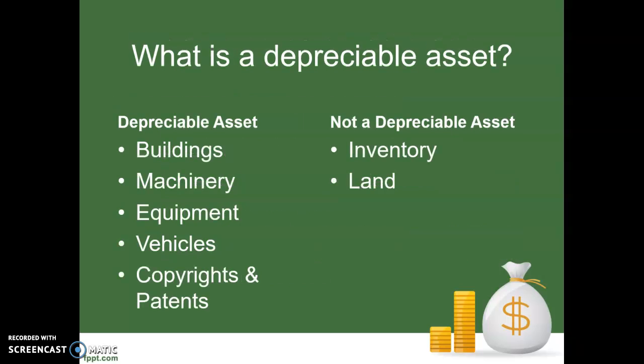So we do also need to point out that there are some things that are not considered depreciable assets. To be a depreciable asset, it has to be something that gets used up or worn out over time. So things like buildings, machinery, equipment, vehicles, and even intellectual property like copyrights and patents, they can all wear out over time or become obsolete.